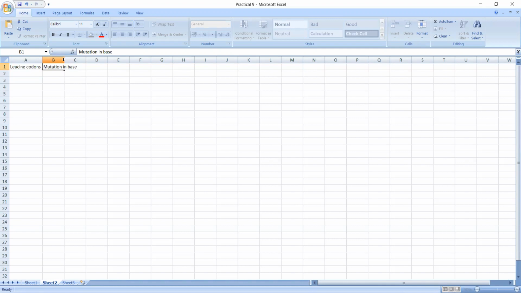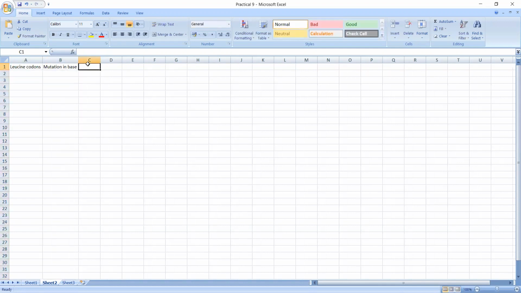Then after that, change in amino acid codon. And after that, mutated amino acid.